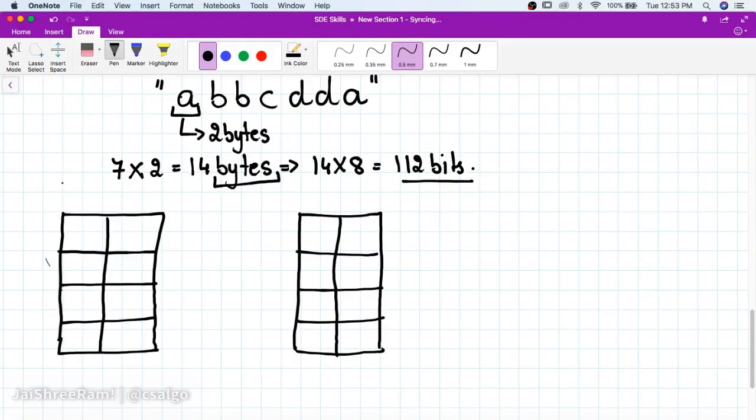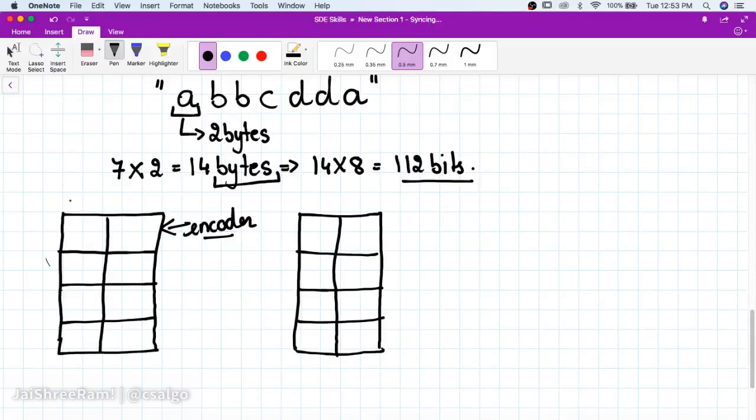So this is my encoder. Let's say in my encoder, this will be a hash map, and its key will be the character, the characters of my string which are occurring inside my string.